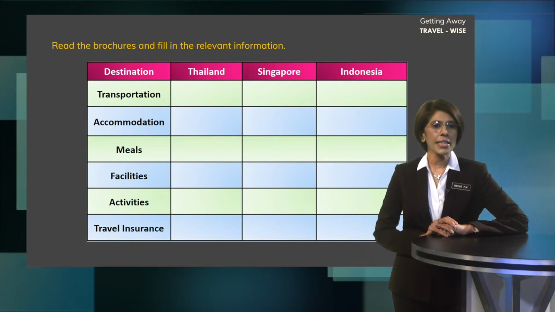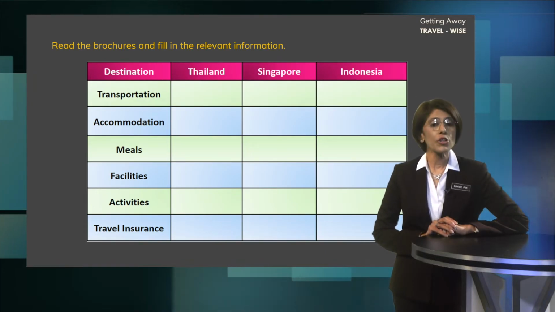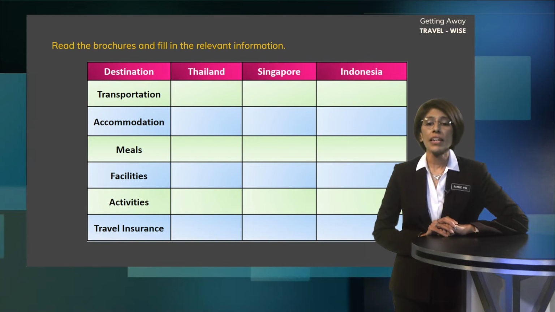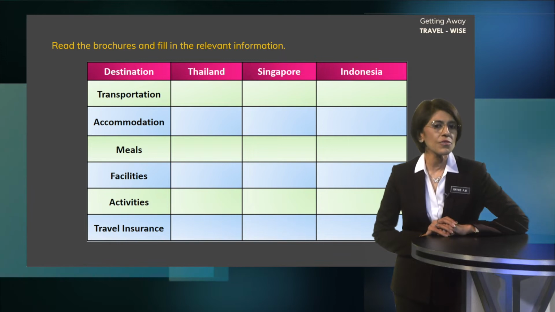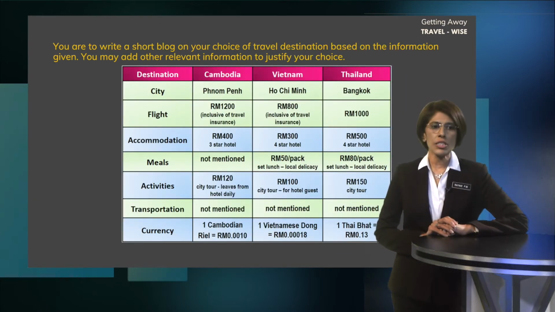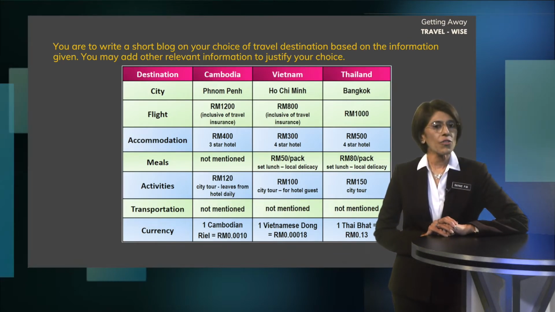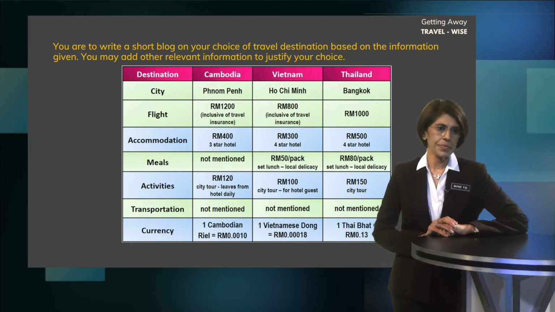Then, she hands out a blank table for each group to fill in the relevant information from the brochure and the currency conversion table. The teacher displays an example of a completed form.